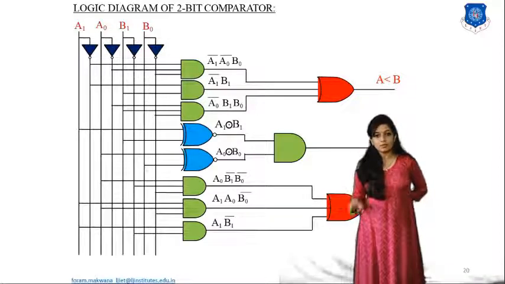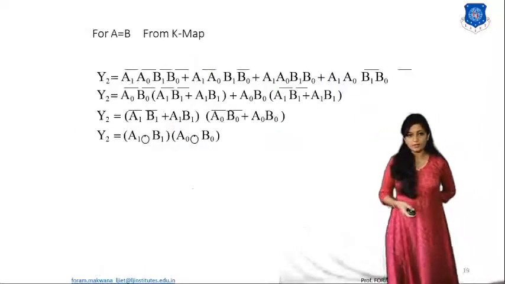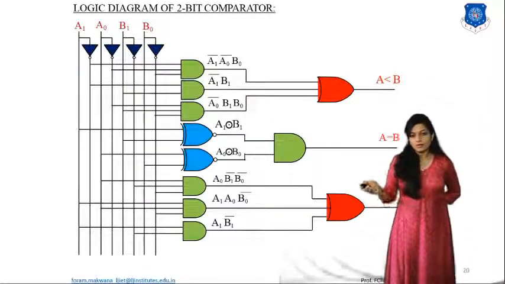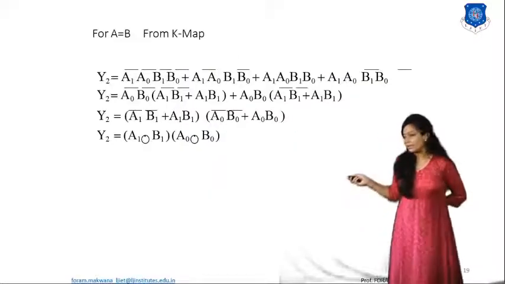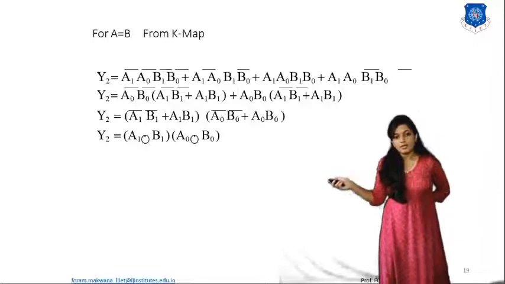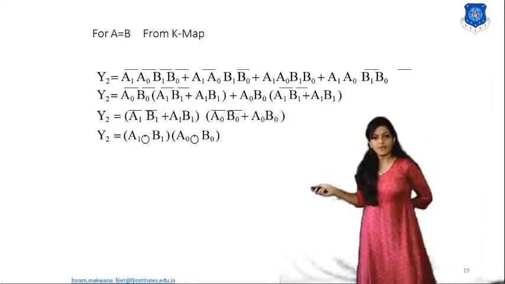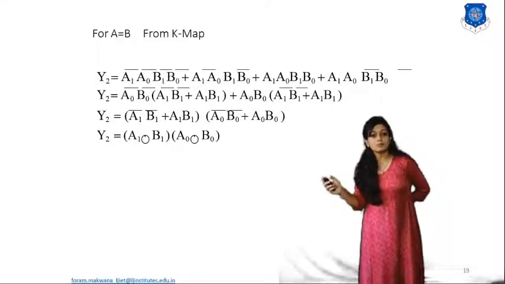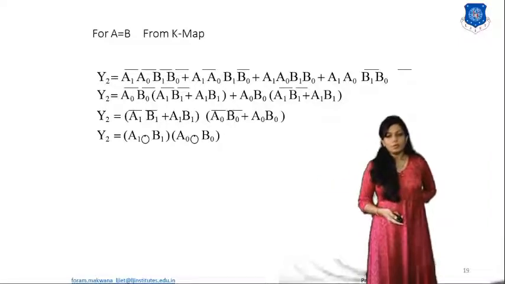The resultant is applied to A equals to B, because both the operations are going to be ANDed. A1 is XNOR with B1 and A0 is XNOR with B0, and both these terms are ANDed with each other. So this is the resultant output of Y.